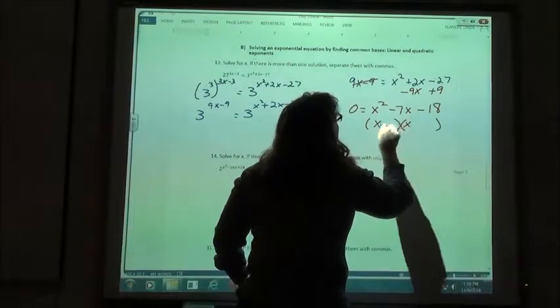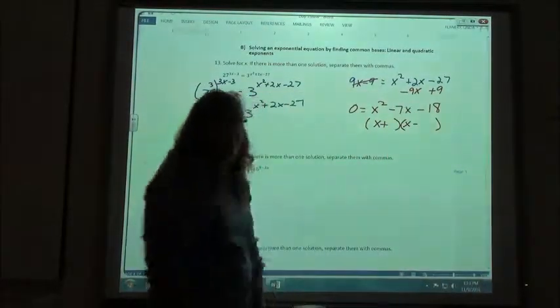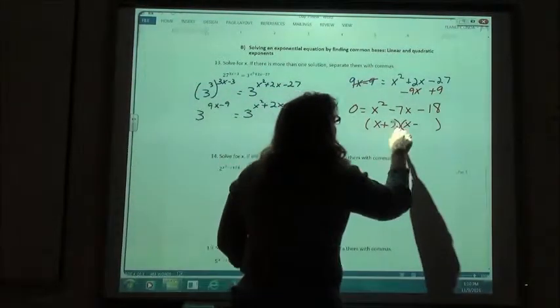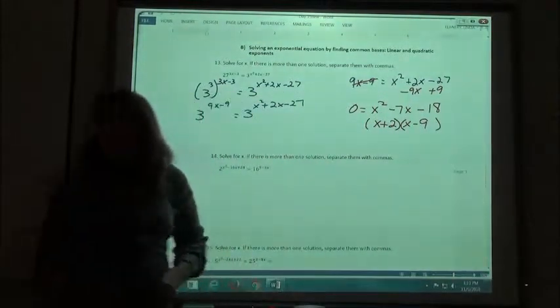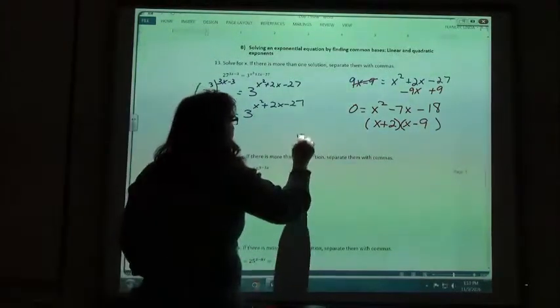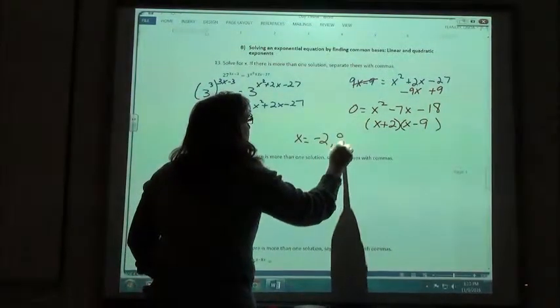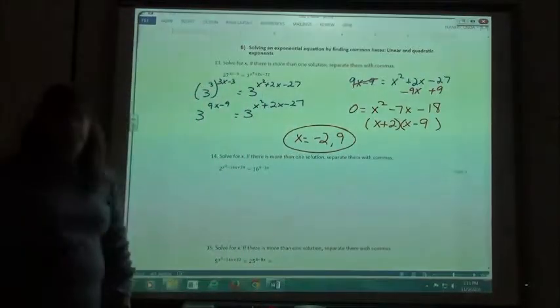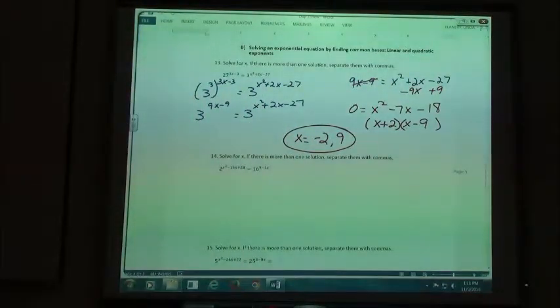X and x, plus and a minus. A positive 2 and a negative 9 would give me a negative 7 in the middle. And so my two answers would be negative 2 and 9. Do we have to substitute those? No, because we don't have logarithms, so we don't have to worry about having anything that's undefined.